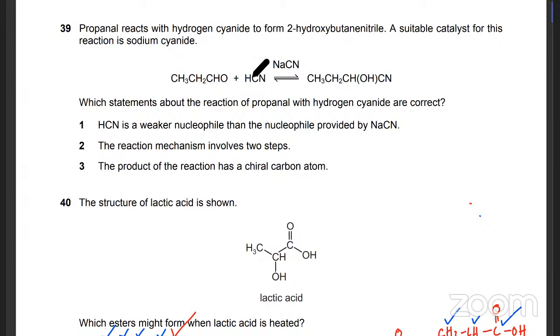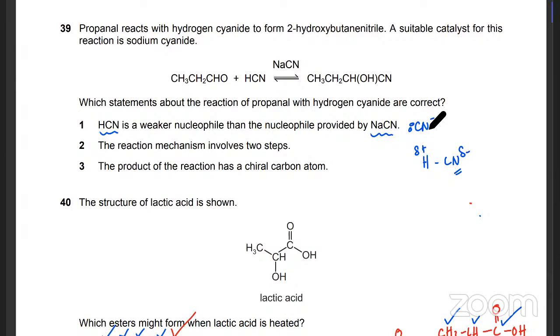We did discuss this previously, that NaCN ionizes strongly and produces CN- ions, while HCN doesn't really ionize. If it doesn't really ionize, the negative charge is smaller. A nucleophile is attracted to positive things, so CN- would be strongly attracted to positive things.